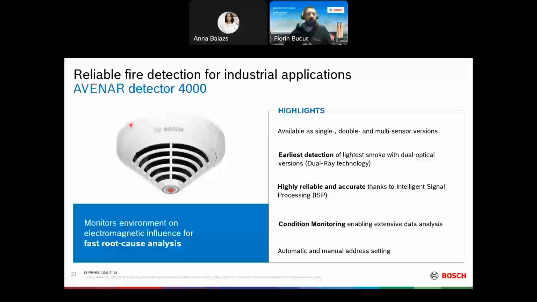And here I want to highlight some features and benefits of our Avenir 4000 detector range. First of all, it can come in multiple models as a single or double sensor for optical smoke detection. That means with one LED or two LEDs in the optical chamber, the dual LED comes with two different wavelengths.